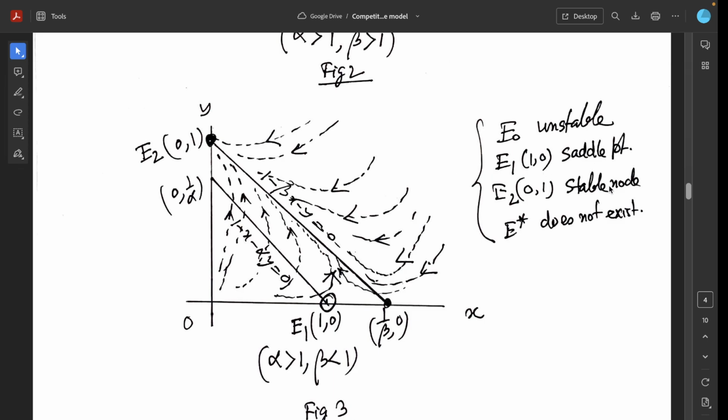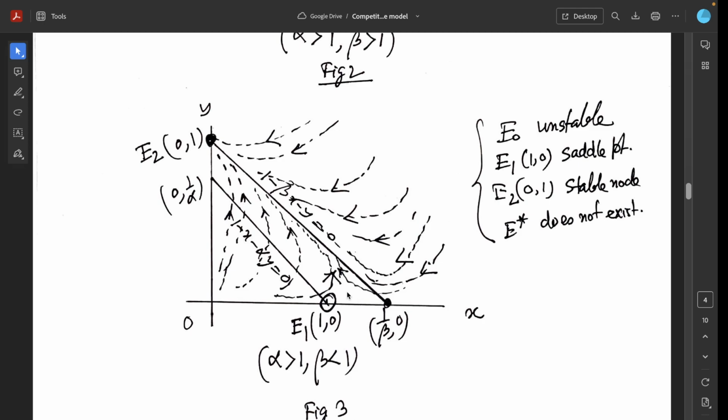E1 is a saddle point, that is unstable, and E2 is a stable node. E star does not exist because E star is the intersecting point of the straight lines 1 minus x minus alpha y equals 0 and 1 minus beta x minus y equals 0, and there is no intersecting point here. So here this is E1 and this is E2.